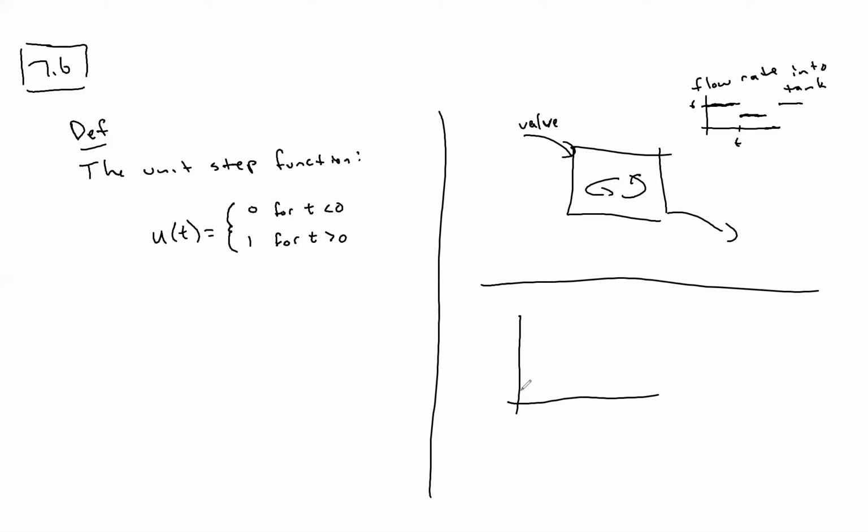You start out doing one function, but then at a certain time, you flip the switch, and as soon as you flip that switch, something else starts happening. So again, this would be a piecewise defined function where you've got something happening for some interval of time, and then all of a sudden things switch and something different starts happening. So again, there are natural places where these piecewise defined functions can show up in applications.